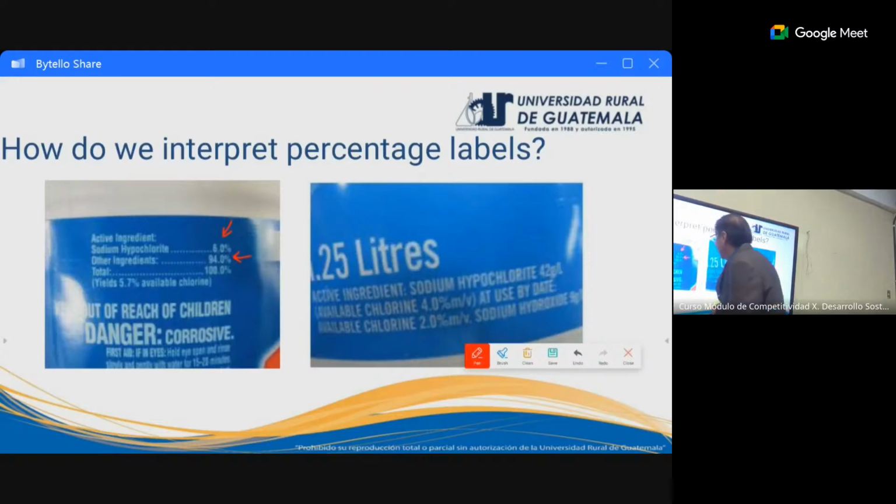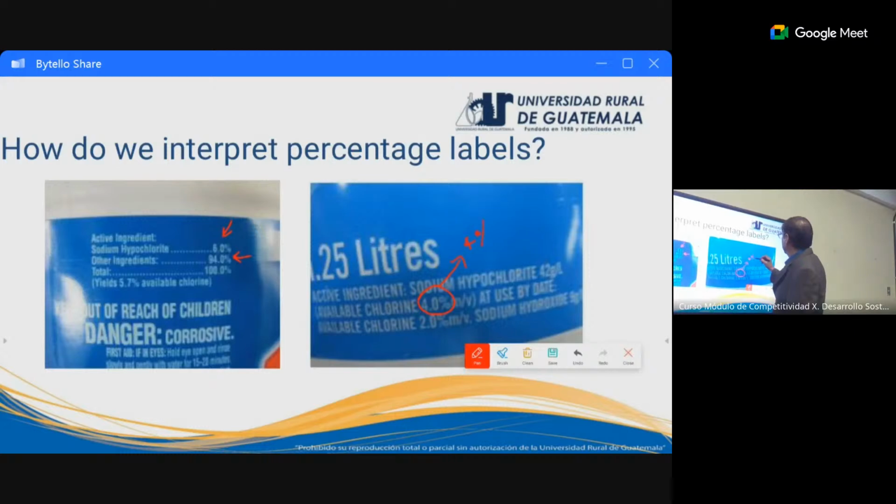Okay. Now, this is another example that says available chlorine 4%. I mean 4%, and the rest, 96%, will be water.